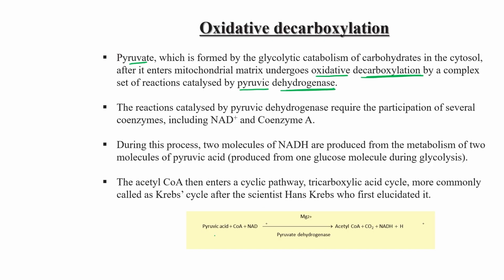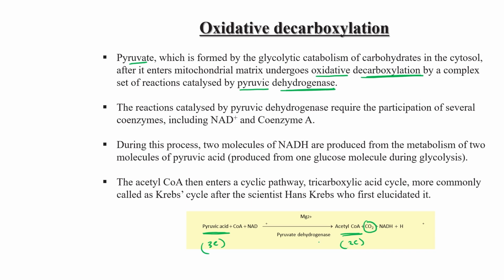As you can see over here, this pyruvic acid, the last product of glycolysis, gets converted into acetyl coenzyme A. This one is a 3-carbon molecule. This one is a 2-carbon molecule. So of course, 1 carbon dioxide molecule has been released, and this reaction has been catalyzed by the pyruvate dehydrogenase enzyme.